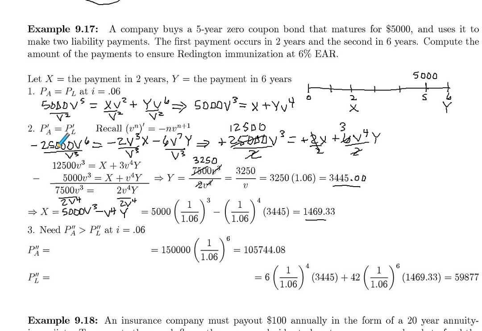Well, p prime at A, that's the derivative of the asset cash flows. Okay, and that is this left-hand side right here. So we need to do one more derivative there. So 6 comes down as a negative. Negative 6 times negative 25,000 is going to give us 150,000.